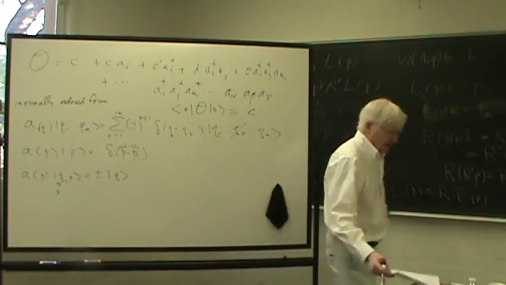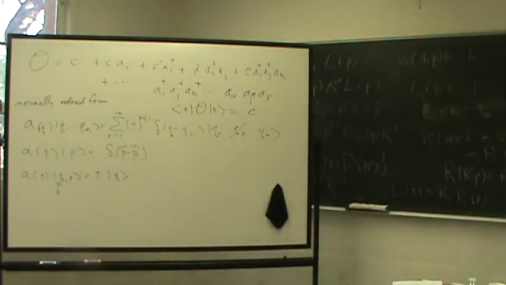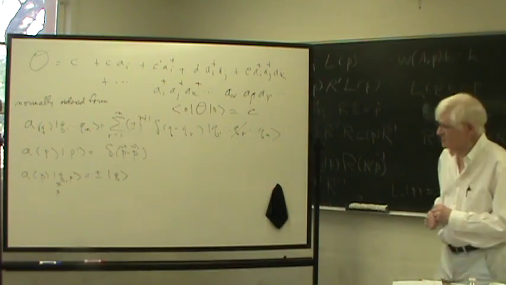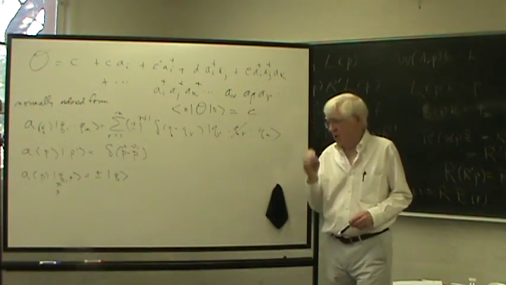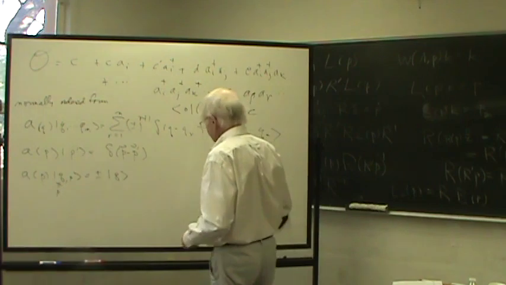Right, now, as I said, in chapter 3, Weinberg talks about the S matrix, and the S matrix is basically what describes scattering.